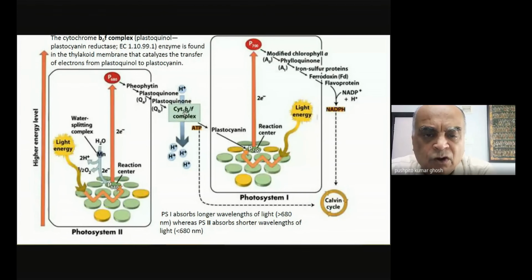Now that electron gives up its energy to ADP, which is adenosine diphosphate. ADP, in the presence of H plus, which is present here, and in the presence of phosphates, which are also present, gets converted into ATP, which is adenosine triphosphate.